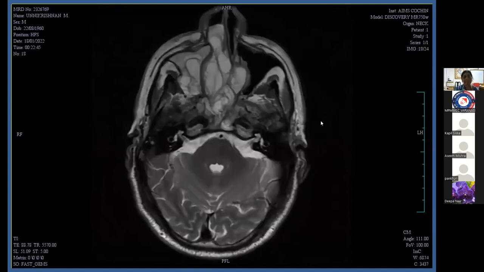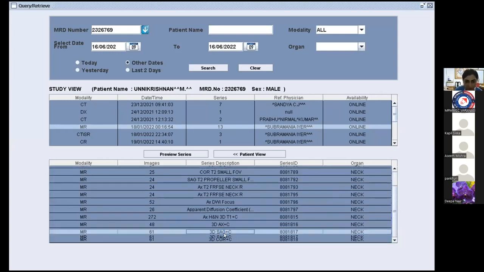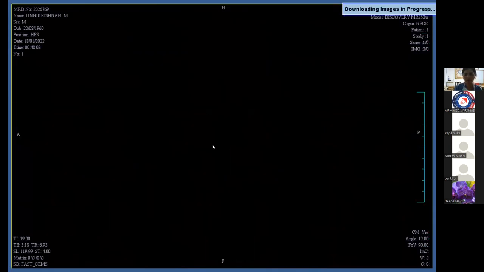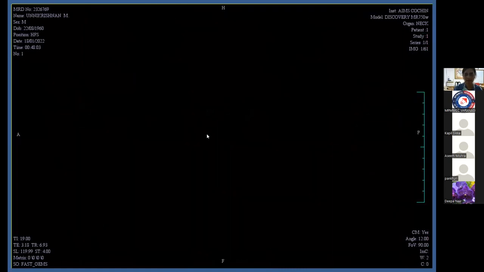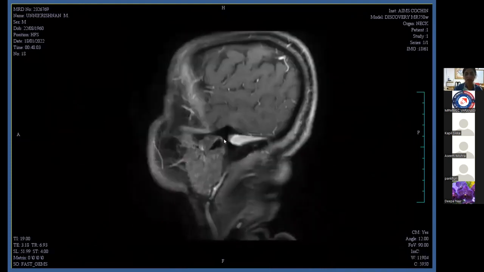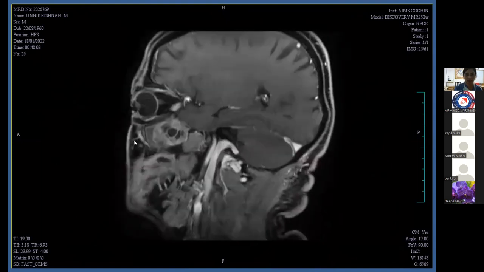Do you have a sagittal sequence? Yes, ma'am. So these are the sagittal images going from left to right.